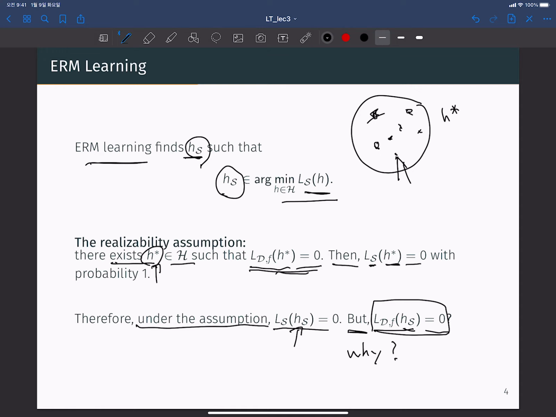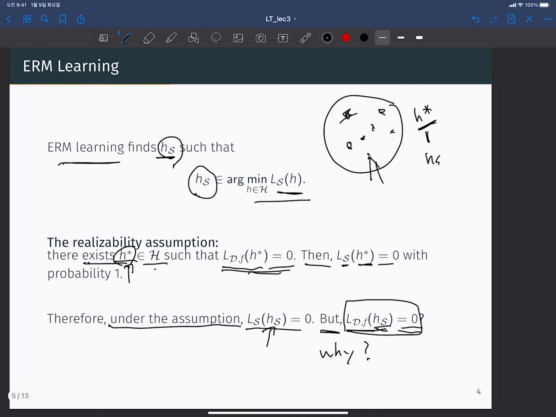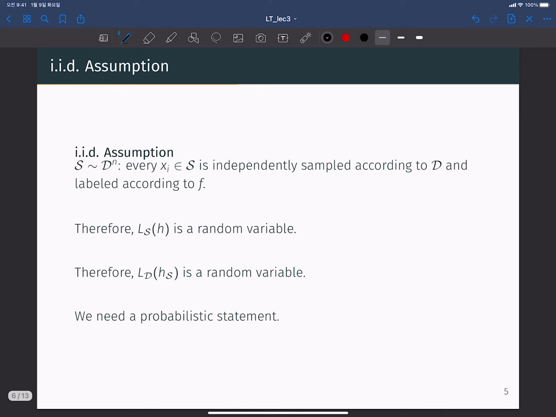When there are multiple different hypotheses having 0 training error, we cannot guarantee H star is selected as hS. So we cannot guarantee the test error of your hS, the training output, is equal to 0, although H star belongs to your hypothesis set. Okay, right.